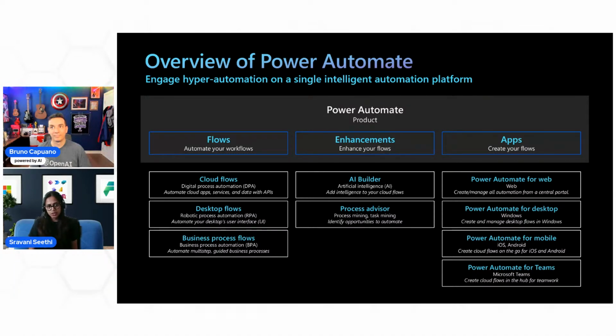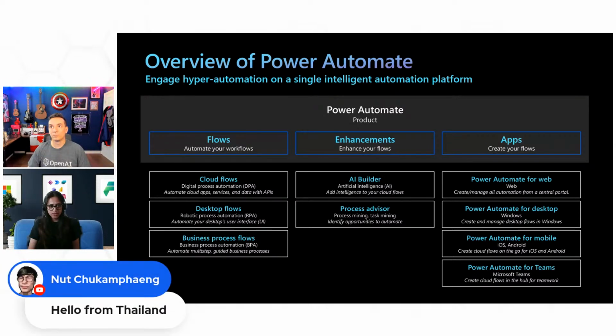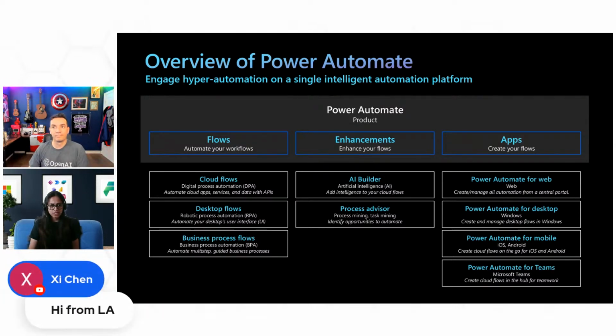Desktop flows are an RPA-based tool for building automations and bots that can mimic a person's actions within your desktop or your browser. And then we have business process flows as well. Those are for building your Dataverse records business process that go from one stage to the other, and integrate very well with Dataverse again.